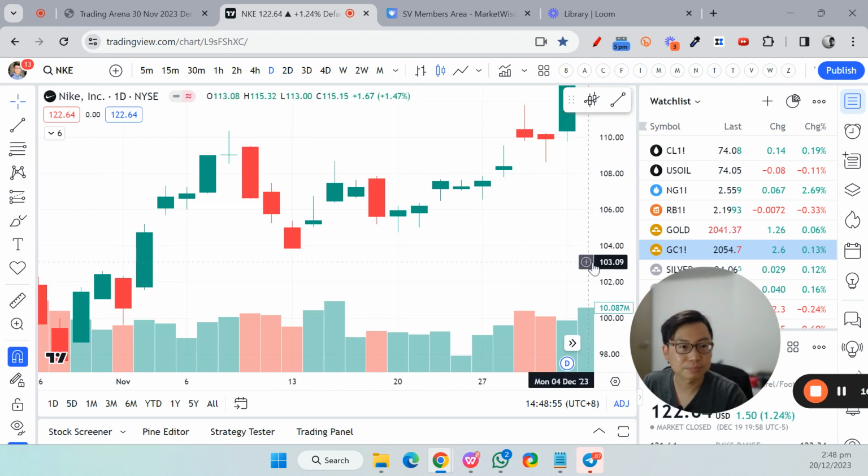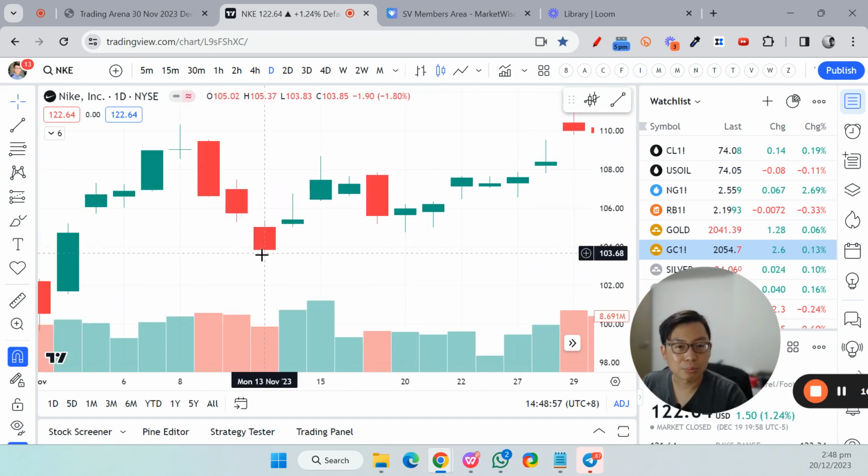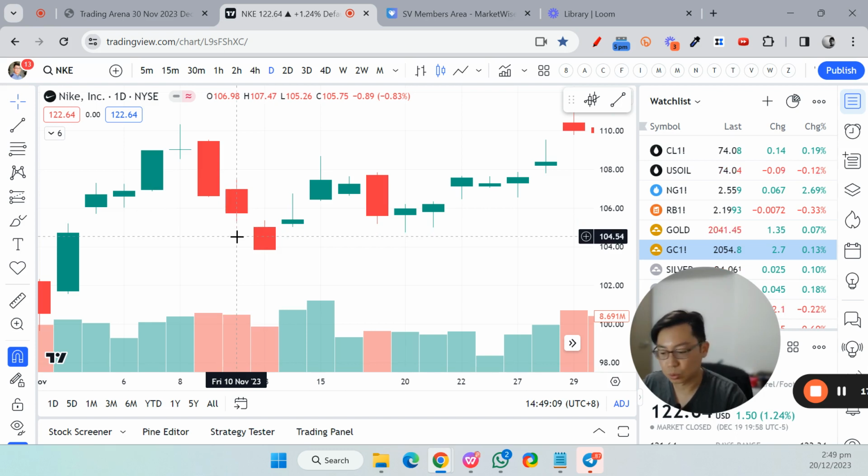That's the setup. You can see that on this day, Monday, 13 November, price closed below the prior day low over here. So the low here becomes the wash line. The low is 105.26.